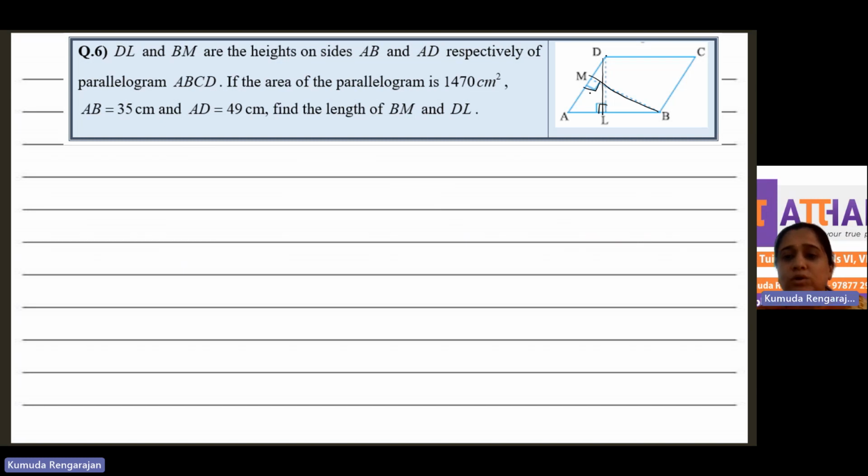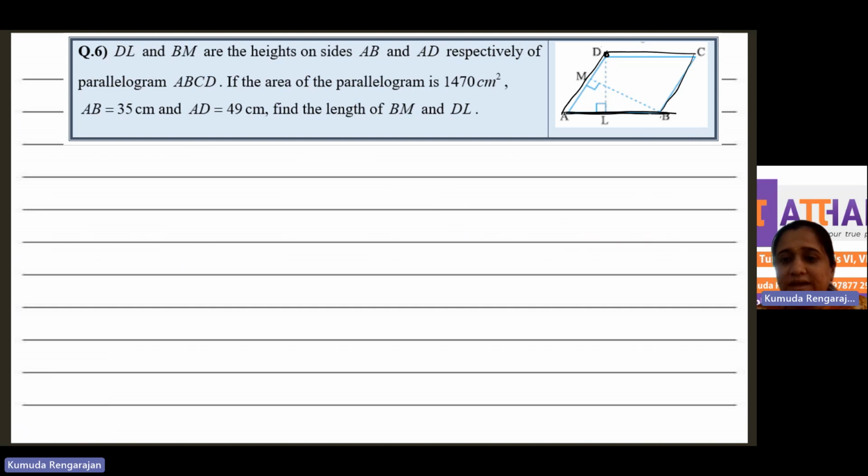So I told you, AB is a side. The sides of this parallelogram are AB, BC, CD, and DA. Now for this side AB, you can see that D is the opposite vertex.